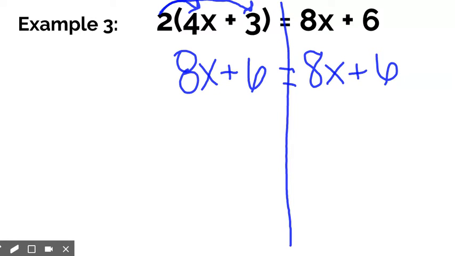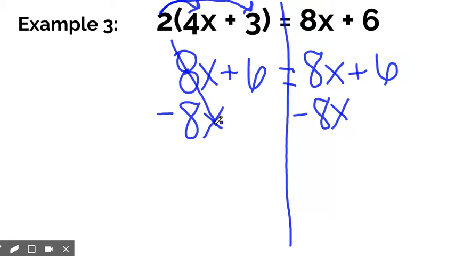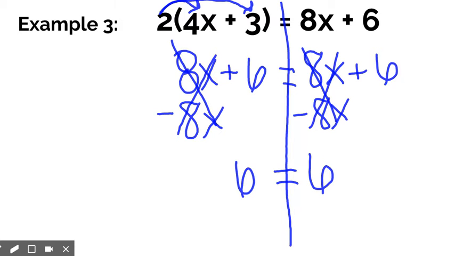And just like the last two examples, we have the same amount of variables on the left side as on the right side. So getting rid of the smaller amount means getting rid of both of them. So when we do that, we're going to subtract 8x from both sides. On the left side, the 8x's cancel, leaving us with 6. And the 8x's on the right side cancel, also leaving us with 6.